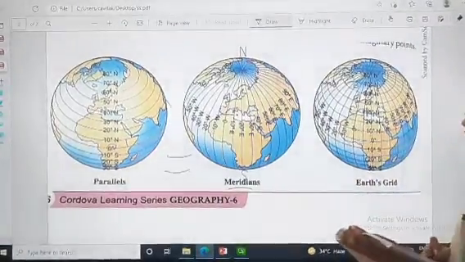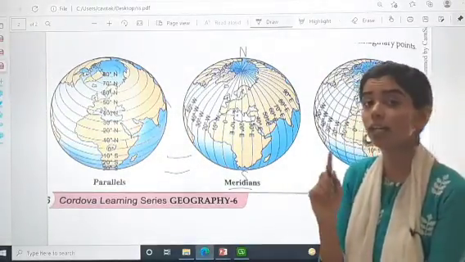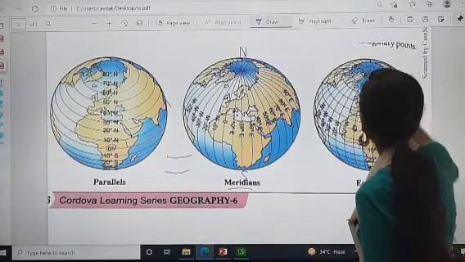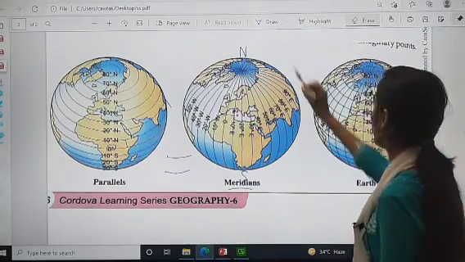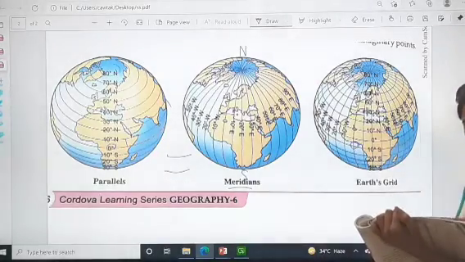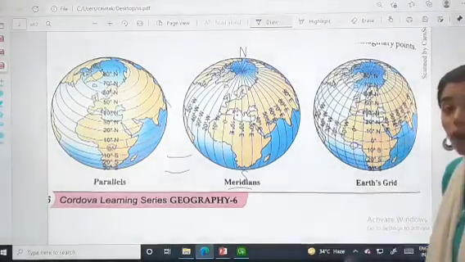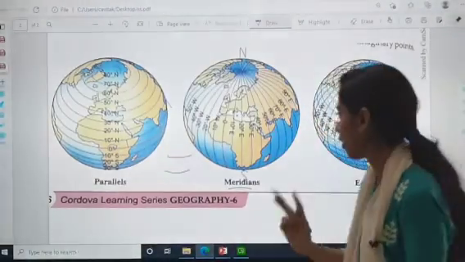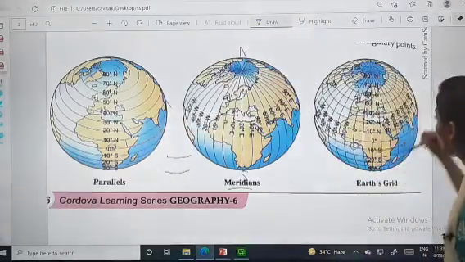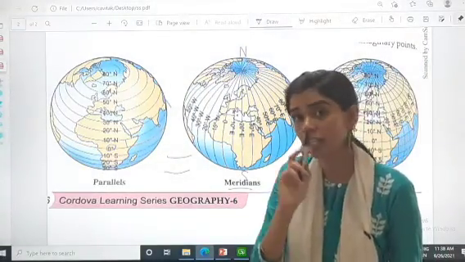The Earth's grid. The parallels and the meridians intersect each other at right angles, 90 degrees. Now they are intersecting at one point. Over here you see the point at which they are intersecting, and the network of these lines on a globe is called the Earth's grid. Parallels are like this, meridians are standing, and where these two lines intersect is the Earth's grid.